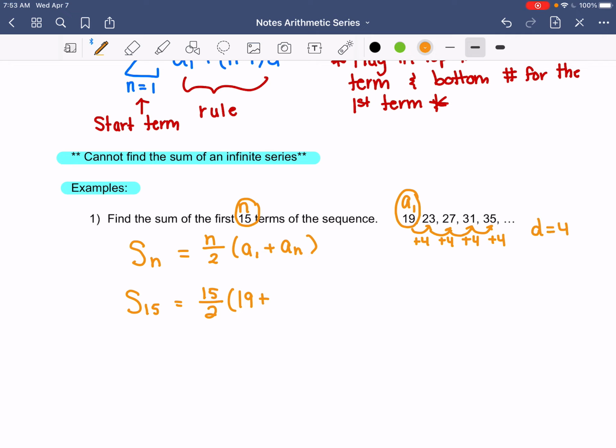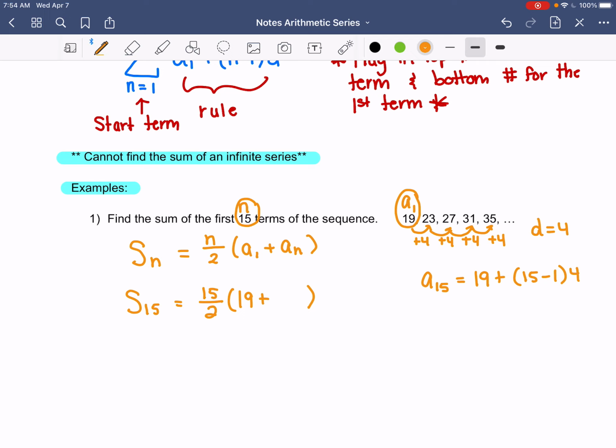So we don't have the 15th term. We have the first, second, third, fourth, fifth term, but we don't have the 15th term. So we're going to have to find that really quickly right here, and then we'll be able to solve the rest of our formula. In order to find it, we're going to use that little formula we had yesterday. We need the 15th term, so a sub 15 equals your first term, which is 19, plus n minus 1, so 15 minus 1, times the common difference of 4.